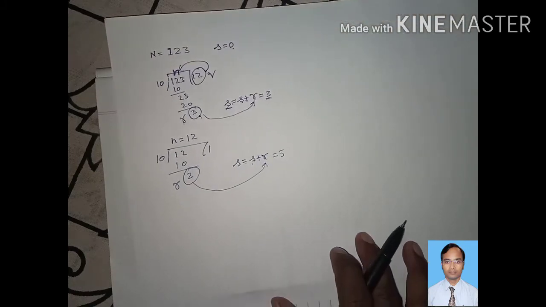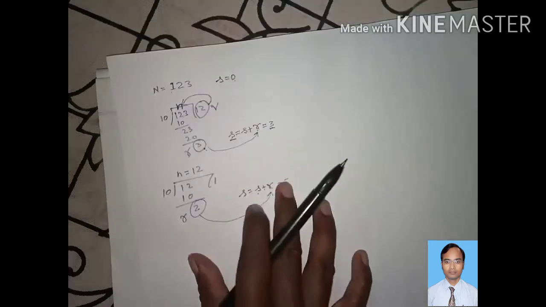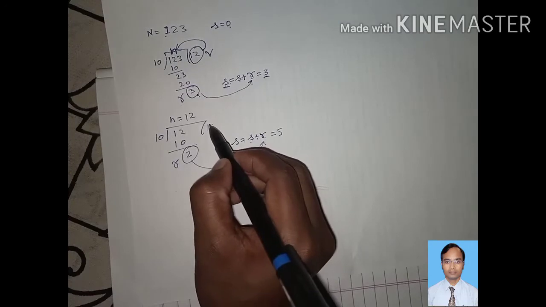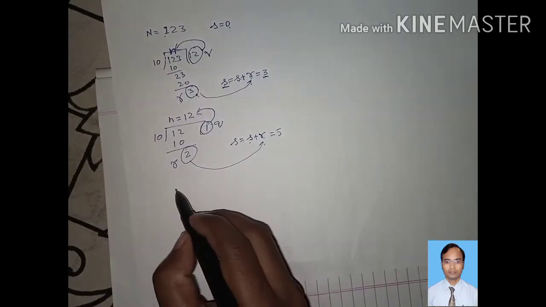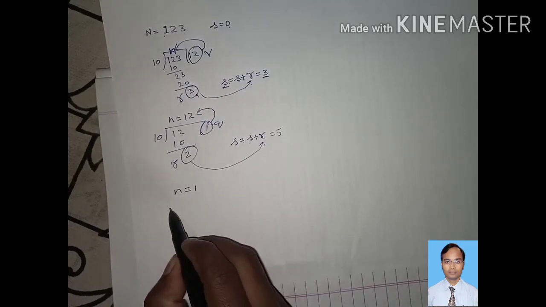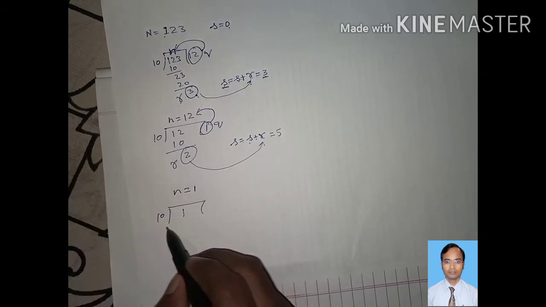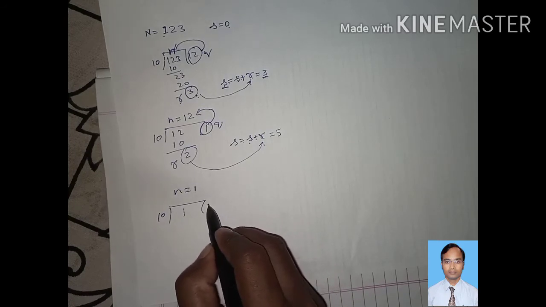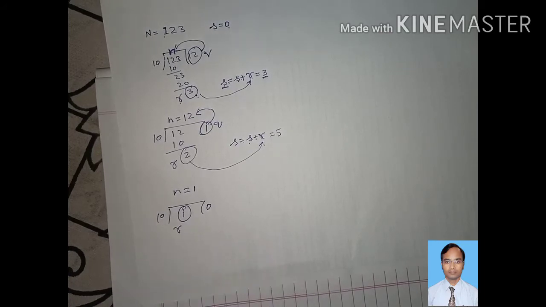Again we have to separate the last digit, that is 1. So we have to transfer this q to n. It means my n will be 1, and again just divide 1 divided by 10, then the quotient will be 0, and this will be your remainder.